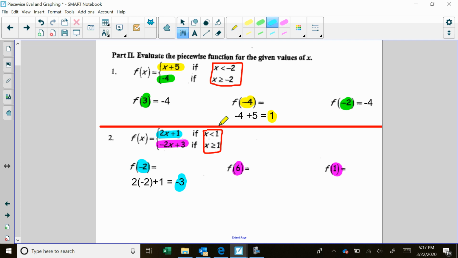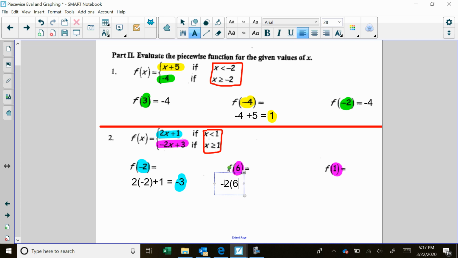All right, on to the purple part. 6. All right, so we're going into this bottom function. That's -2 parentheses 6 close parentheses plus 3. So -2 times 6 is -12. -12 plus 3 is -9. So -9 becomes our evaluation.